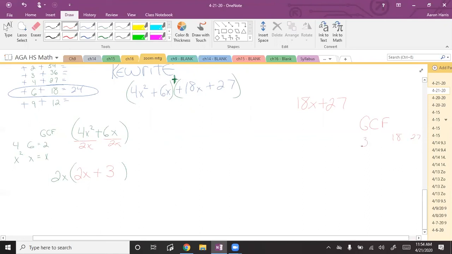No, 3's too small. There's a greater one. 18, 3, 6. It's not 6. Is it 6? Check. It's not 27, because 27 doesn't have that many factors. What's the factor?